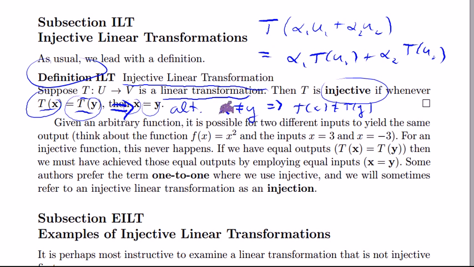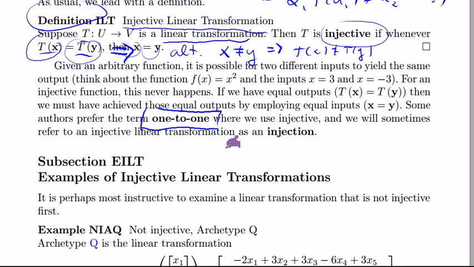That's an alternative specification, called the contrapositive of this assertion. Two different inputs go to two different outputs. If you have had a discrete math class, you probably have seen this term one-to-one. That's exactly what we're talking about. Injective means that the linear transformation is one-to-one.